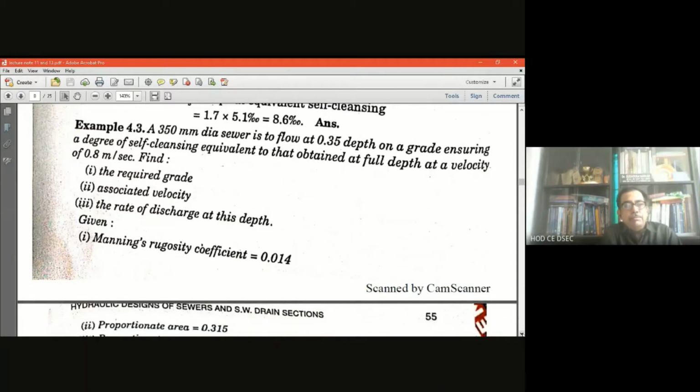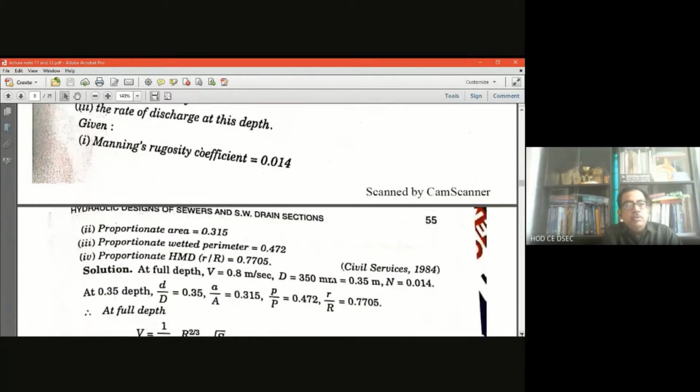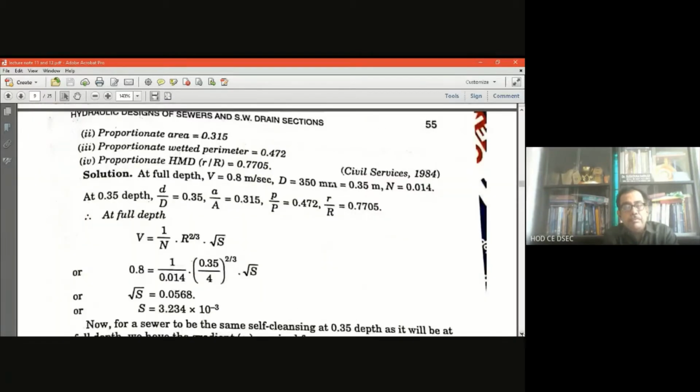Now the proportionate area, how would you get it? The table is not given to you in the exam, so the proportionate area, small a by A, the proportionate wetted perimeter, small p by P, and small r by R are also given in the question, because you don't have the table. These values will be given in the exam, otherwise you can't solve this problem.